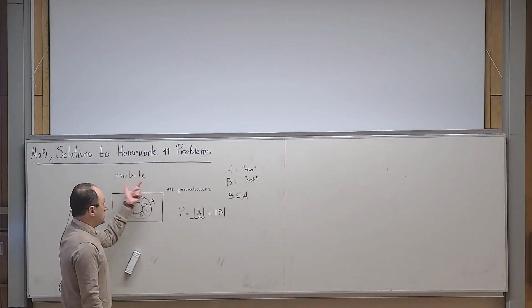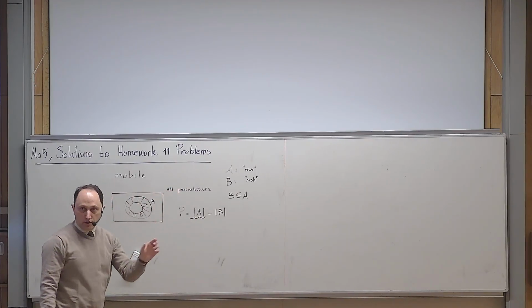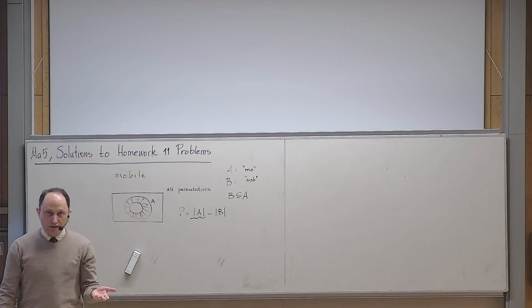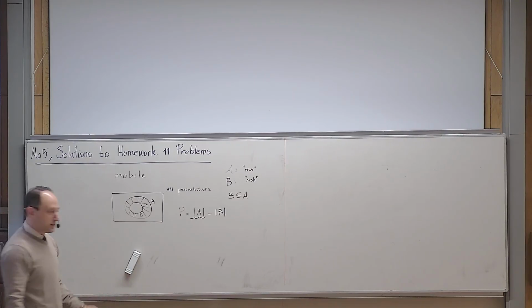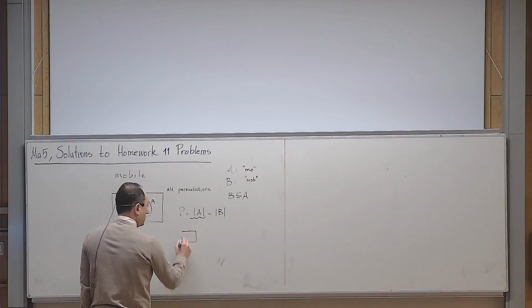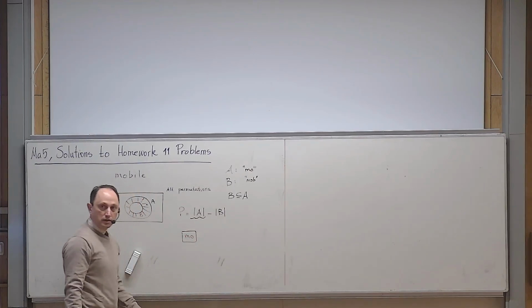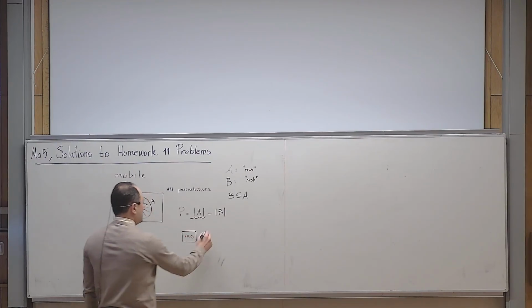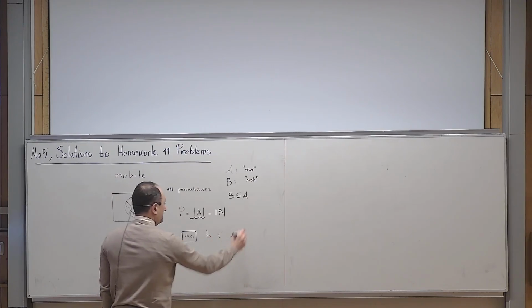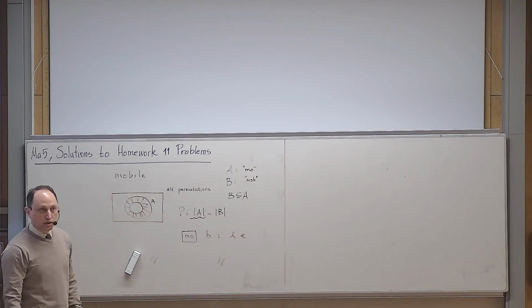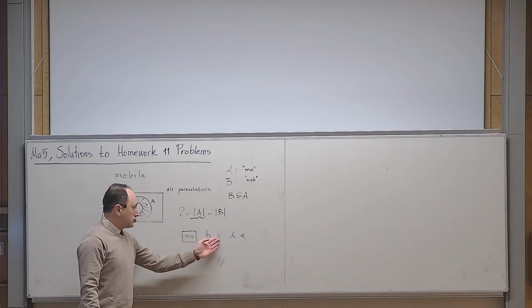All permutations in which M and O are next to one another. This is a very standard problem. You can imagine a box in which you put MO, and then you have the other items B, I, L, E. So how many objects do you see now? 1, 2, 3, 4, 5.